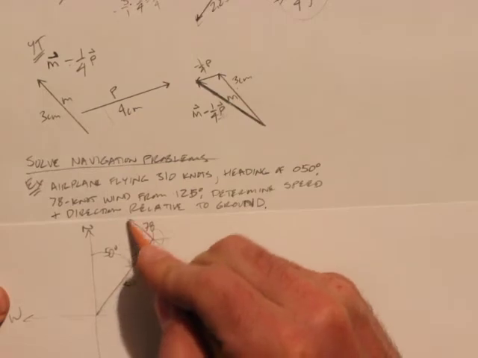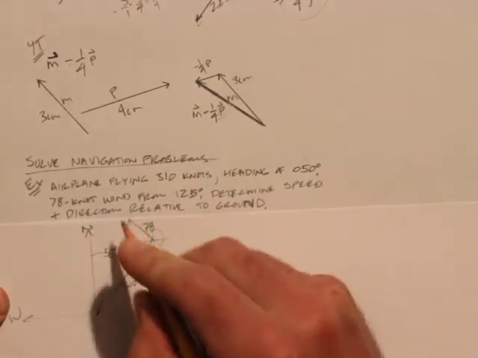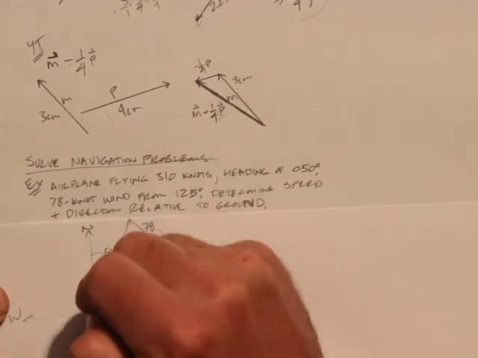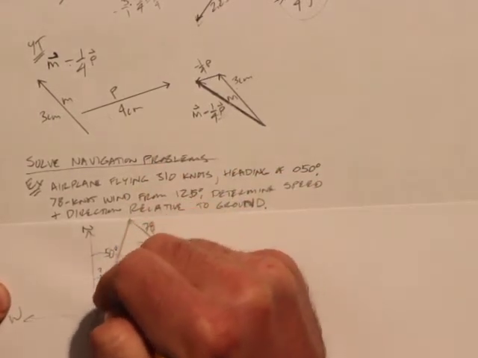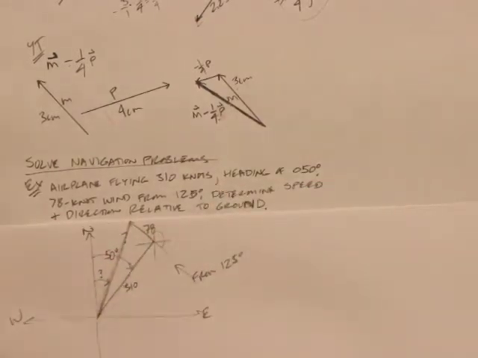All right, and so now what I want to find is this distance here, and I want to find this angle here. That angle and this distance. So how can I do that?